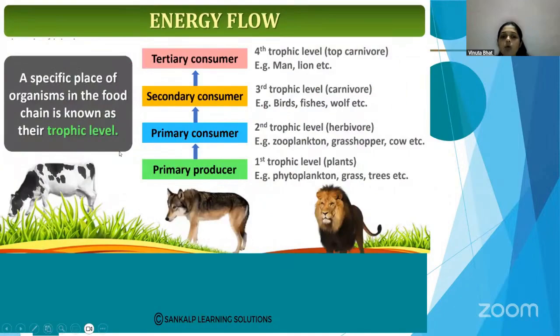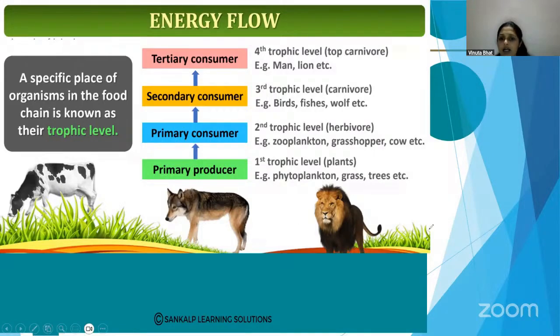Then how does the energy flow take place? You know the producer absorbs the radiation from the sun and produces food, which is then passed to the primary consumer, then the secondary consumer and the tertiary consumer. The specific place of organisms in the food chain is called the trophic level.